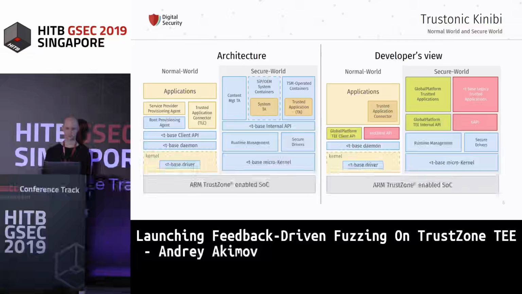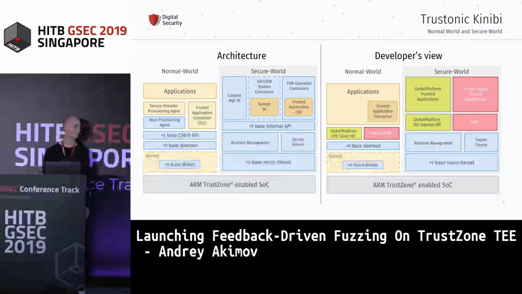In the documentation, we can see the architecture of the whole system backed with the Kinibi operating system in the secure world. Besides all parts in the secure world, there are several components in the normal world necessary to enable a system to use TrustZone. The scheme on the right presents a developer's view on such a system.